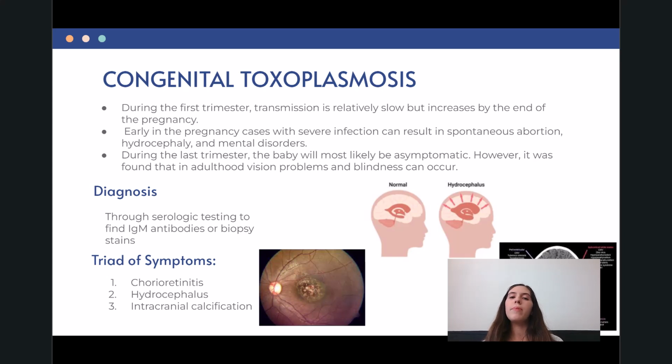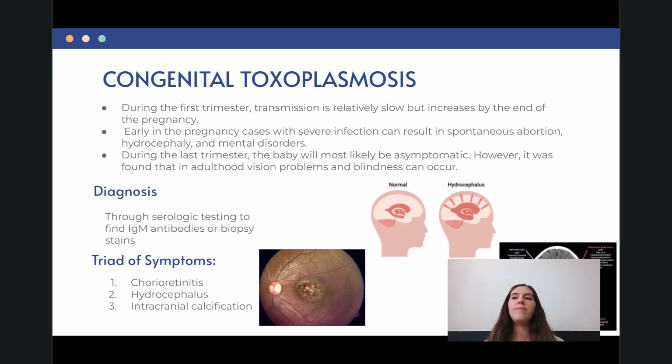Diagnosis is not usually used for toxoplasmosis, but it can be used on pregnant women through serologic testing to find IgM antibodies, or diagnosis can be made through biopsy stains.